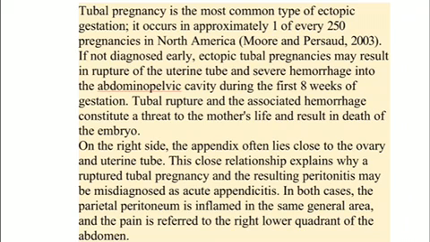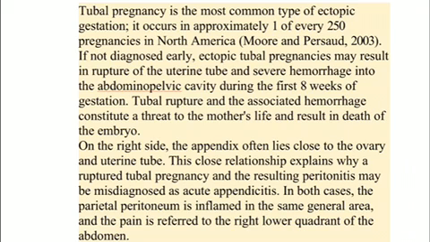On the right side of the body, you know the appendix lies close to the ovary and uterine tube. Because of this close relationship, a ruptured tubal pregnancy on the right could result in peritonitis. So at times some people wrongly diagnose it as acute appendicitis.